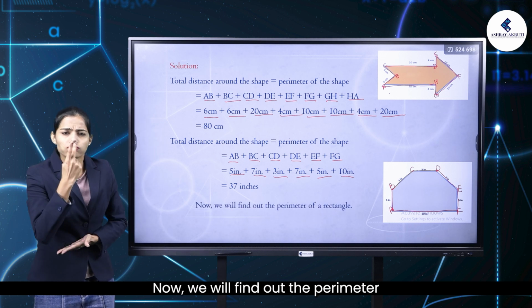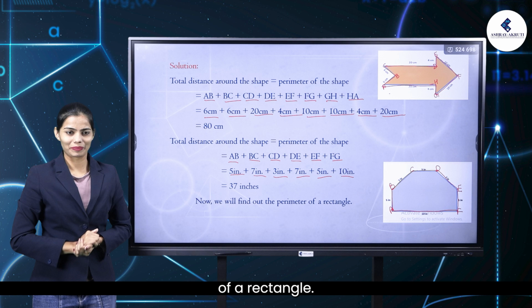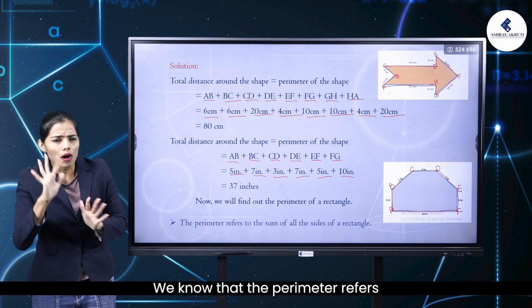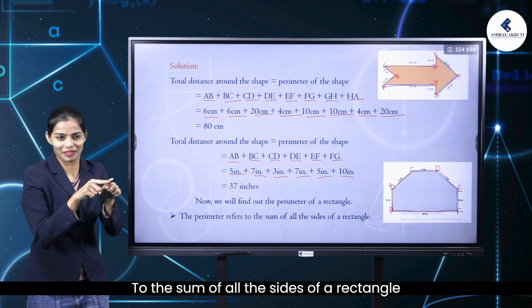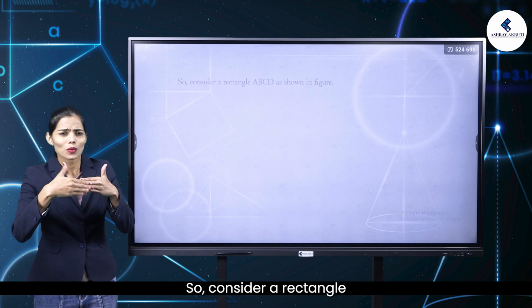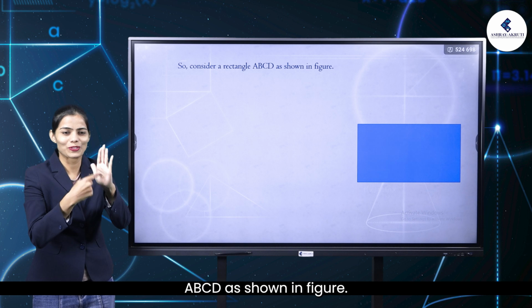Now, we will find out the perimeter of a rectangle. We know that the perimeter refers to the sum of all the sides of a rectangle. So, consider a rectangle ABCD as shown in figure.